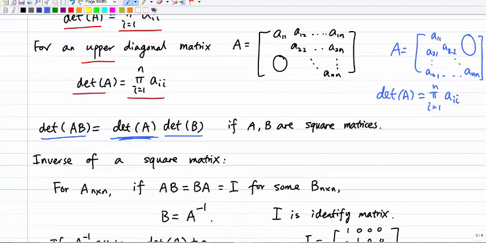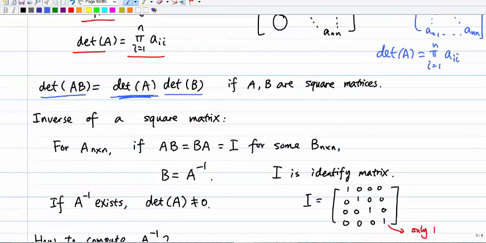Okay. So next one is, what is the inverse of a matrix? The inverse of a matrix first has to be a square matrix. So for an n by n matrix A, if A times B equals B times A equals the identity matrix, for some matrix B that is also a square matrix, then B is called the inverse of A. The identity matrix is a matrix which only has non-zero entries on the diagonal, and in particular the diagonal entries are all equal to 1, and all other entries are 0.